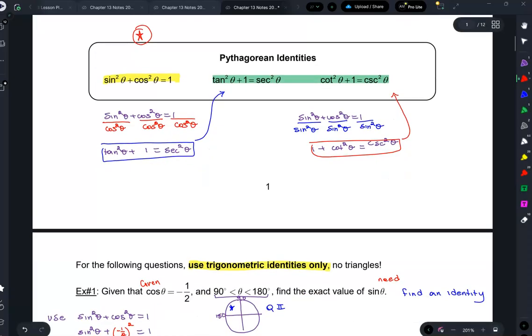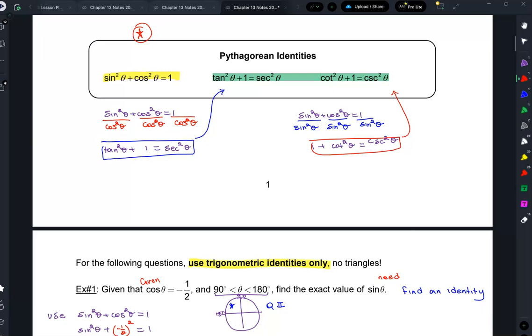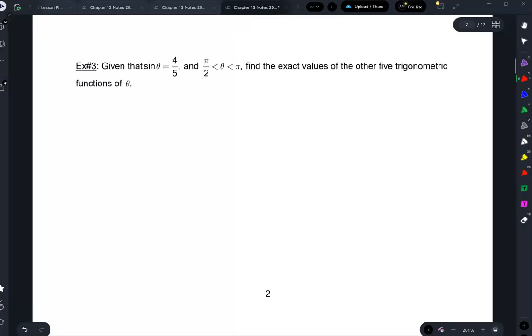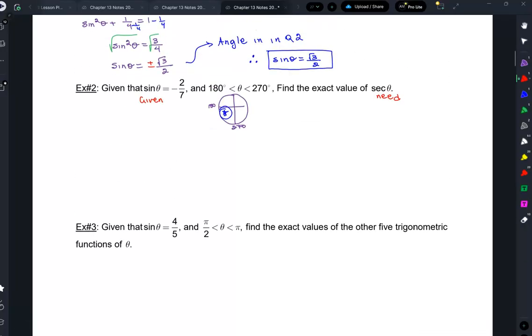We have sine. The first one has sine, but it relates to cosine. Then we take the reciprocal, right? Okay, so we're going to use the first one: sine squared theta plus cosine squared theta equals 1.